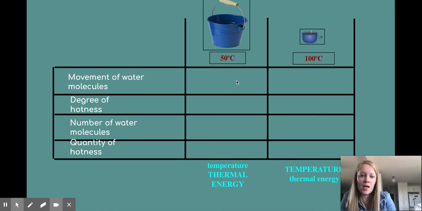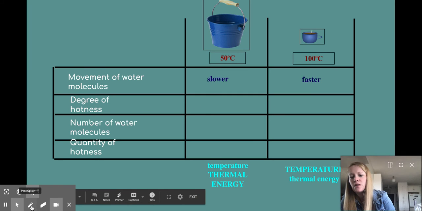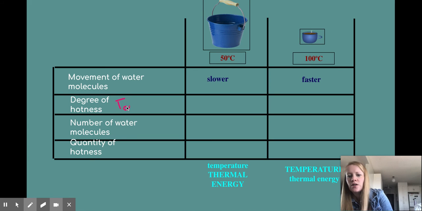Well, in comparison, the pail's particles or the molecules would be moving a lot slower than the teacup's particles would be. That temperature, that degree, is how fast they are going. So that degree of hotness, like I told you, is another word for temperature, and it is our preferred term.